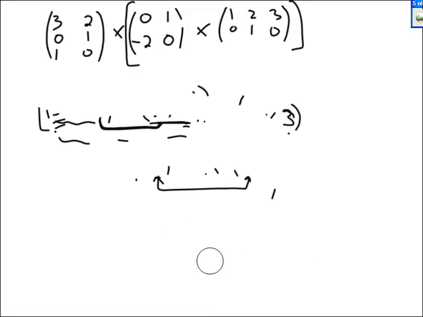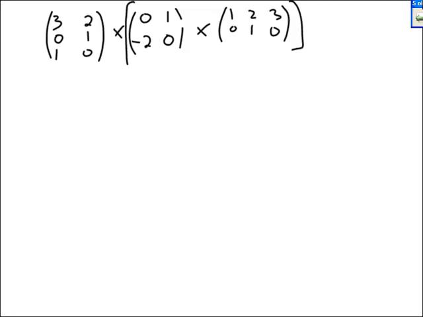Now, before we do this problem, something just came up in my mind that I think we should get out of the way first. Does matrix multiplication have the commutative property? Does it matter if you multiply A times B or B times A?